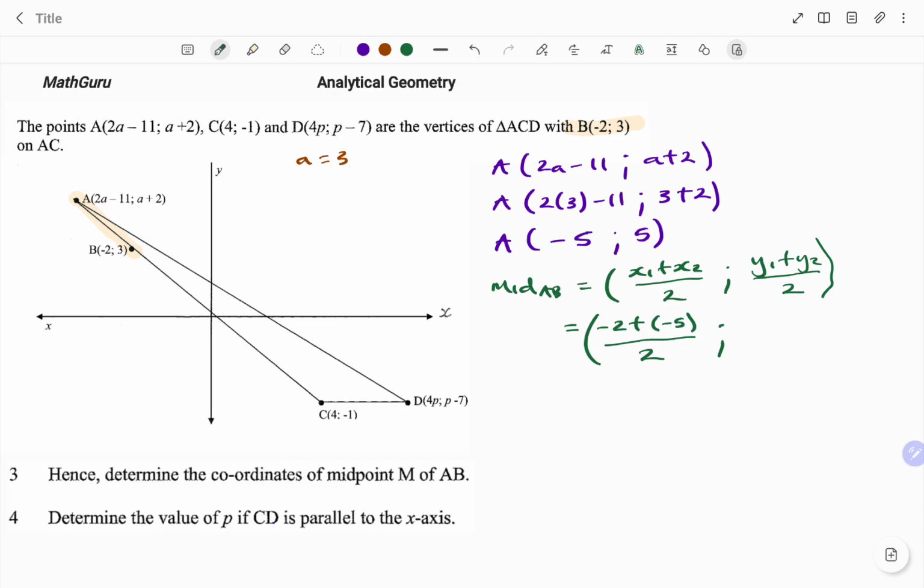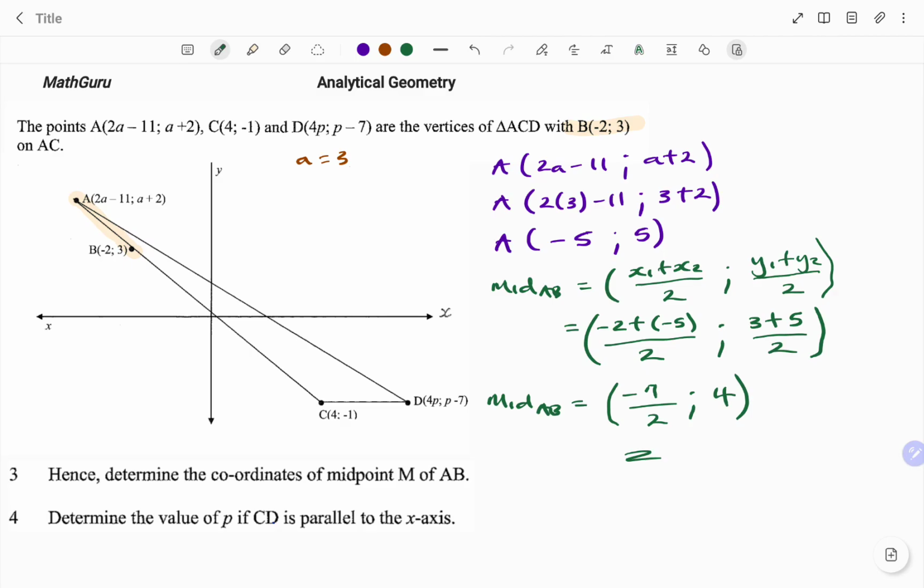Then I have y1, 3, plus the y coordinate, that's 5, divided by 2. So we have mid of AB equals -2 minus 5, that's -7 divided by 2. And for the y coordinate, 3 plus 5, that's 8, 8 divided by 2, that's 4. So the midpoint is (-7/2, 4).